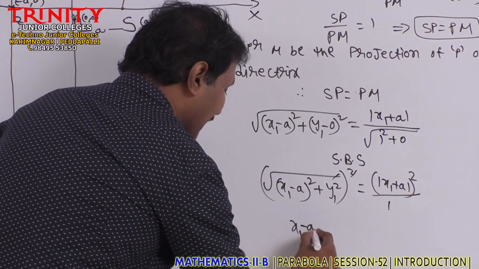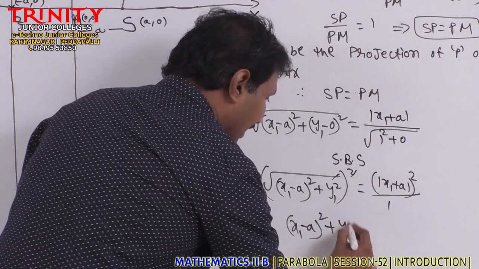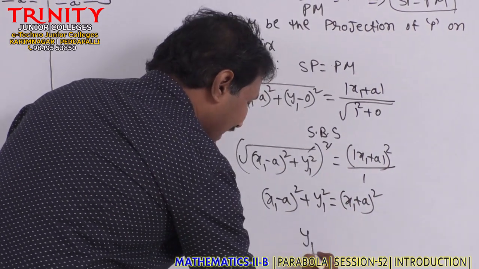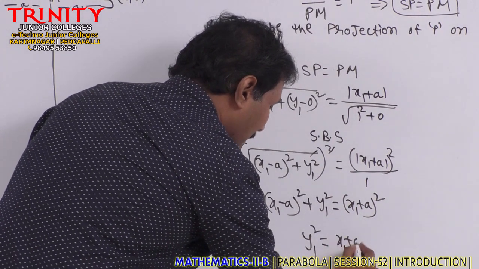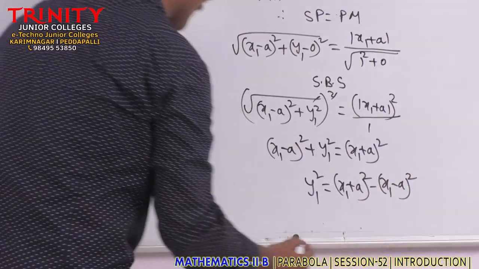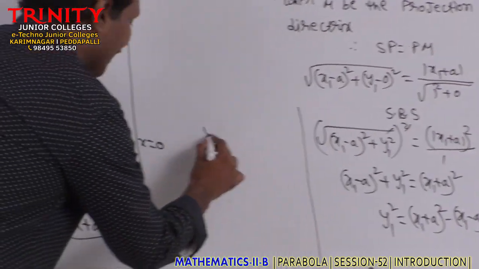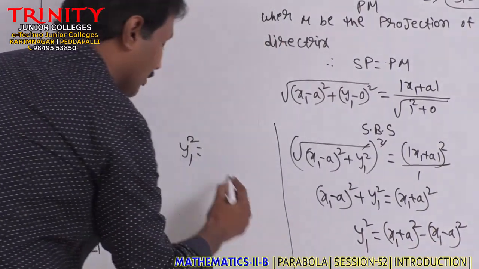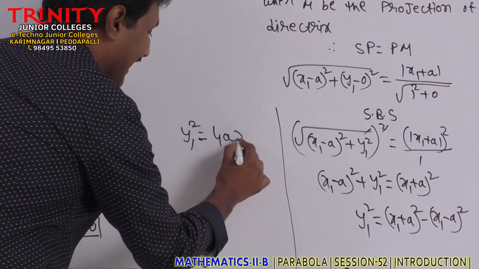Therefore, (x1 minus a) whole square plus y1 square equals (x1 plus a) whole square. So y1 square equals (x1 plus a) whole square minus (x1 minus a) whole square. We know that (a plus b) whole square minus (a minus b) whole square equals 4ab, so that equals 4a x1.